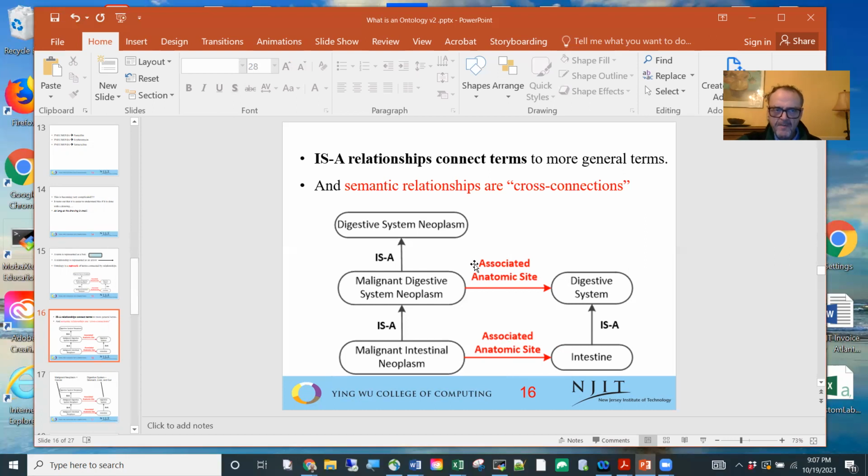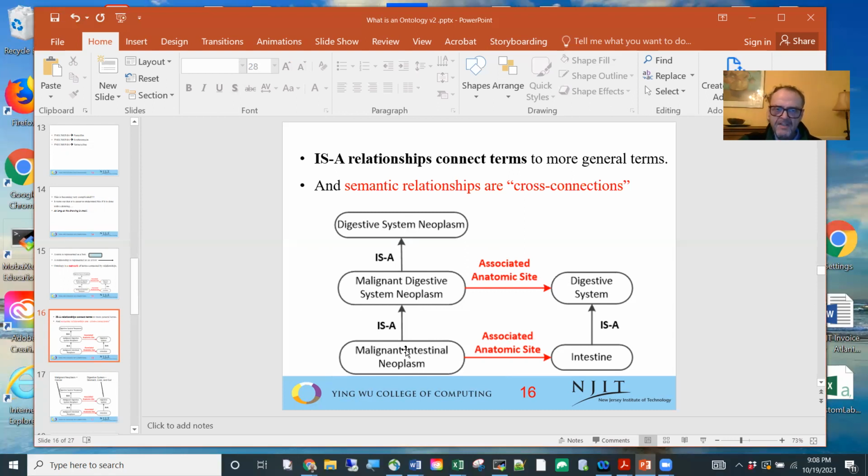So I'm going to spend a lot of time on this diagram, but this is a mini ontology, and it says that the malignant intestinal neoplasm, whatever that is, is a malignant digestive system neoplasm, whatever that is, which means that this thing down here is more specialized, and this thing here in the middle is more generalized, and this thing up here is even much more generalized.